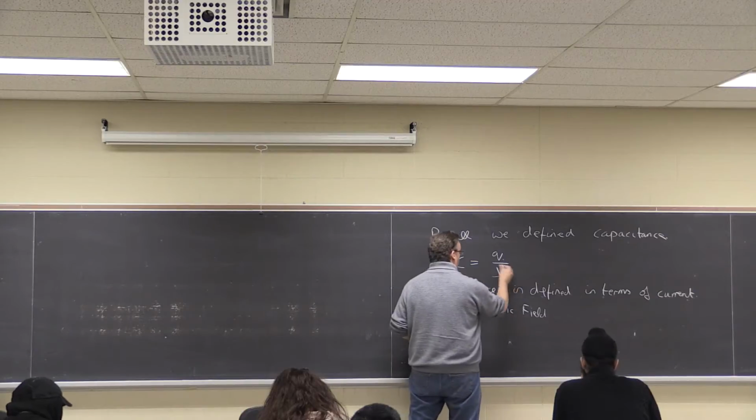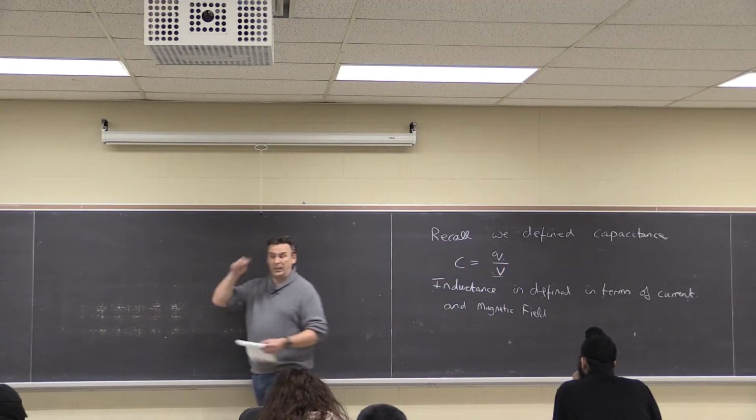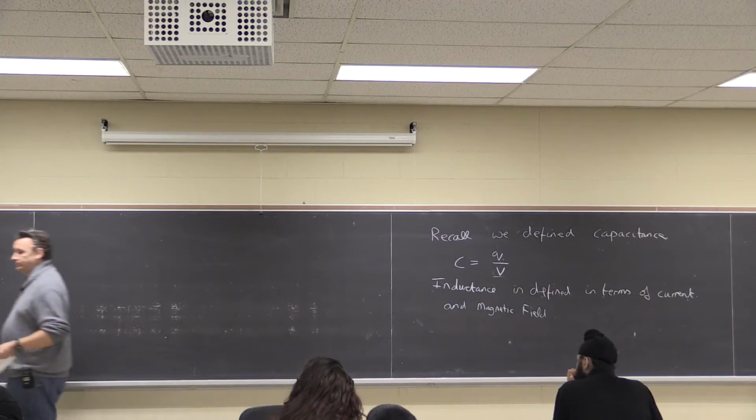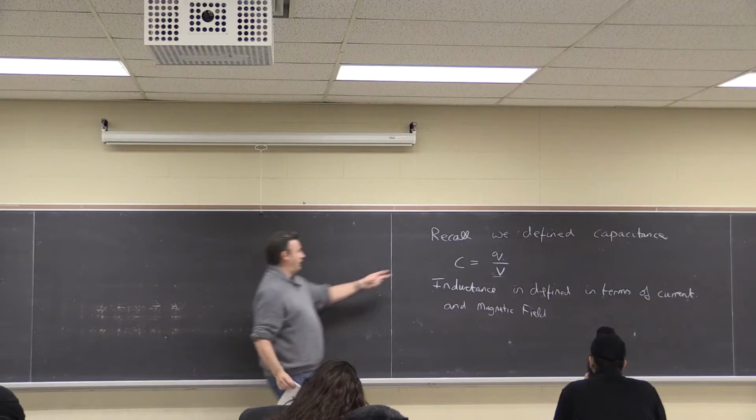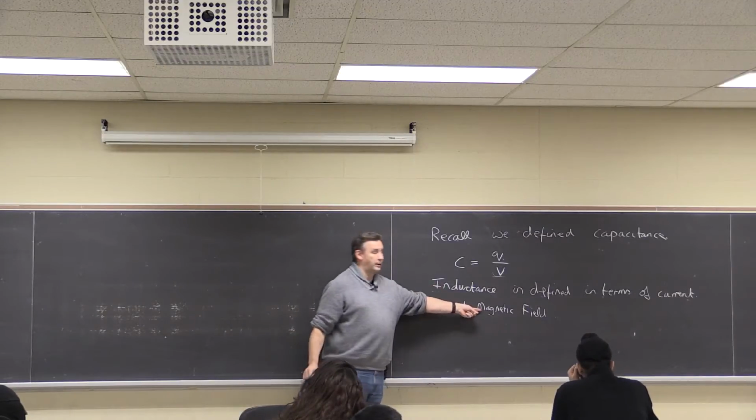Because remember, V, voltage, is essentially electric field. Electric field is volts per meter, so it depends how far apart the plates are. So this one depends on electric field. This one's going to depend on magnetic field.